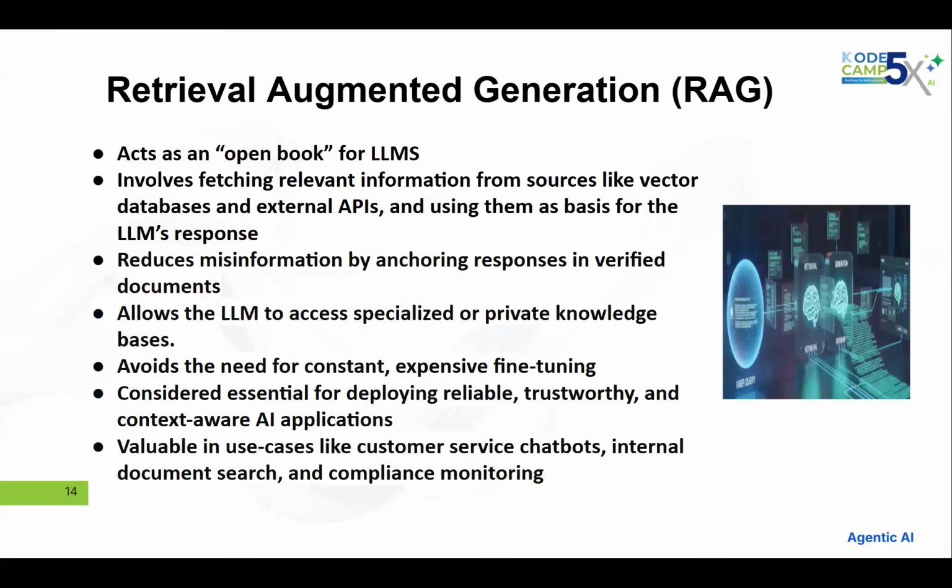Just to lead us into the discussion on agentic retrieval, let's look at what retrieval augmented generation is, because agentic retrieval is simply retrieval augmented generation, except that in this case it's done in an agentic manner. Retrieval augmented generation, or simply RAG, which is the acronym, is what it's typically called.